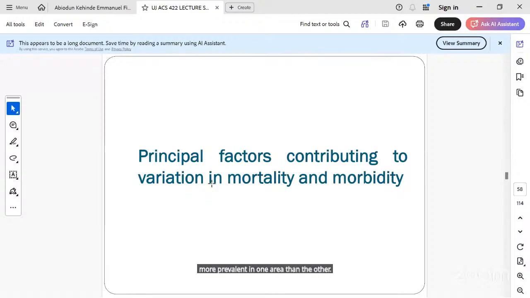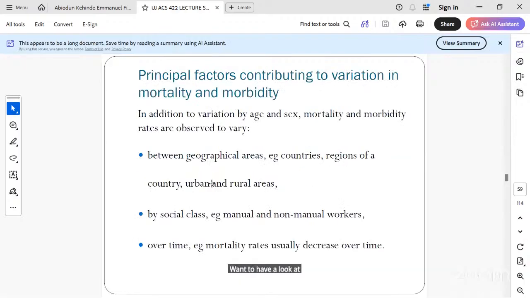And those are the factors that we want to have a look at from now.